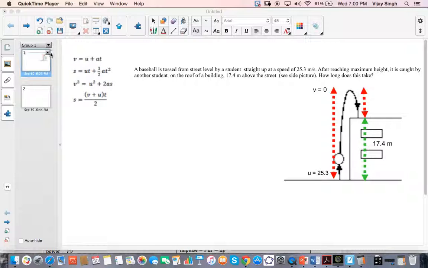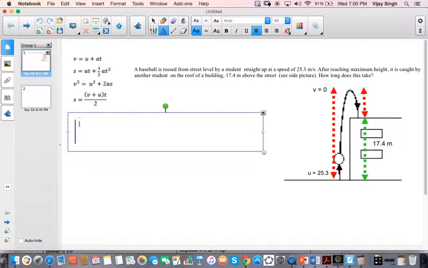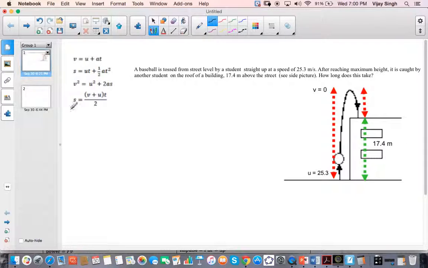We have the initial velocity, which is 25.3 meters per second. The final velocity is 0 meters per second.